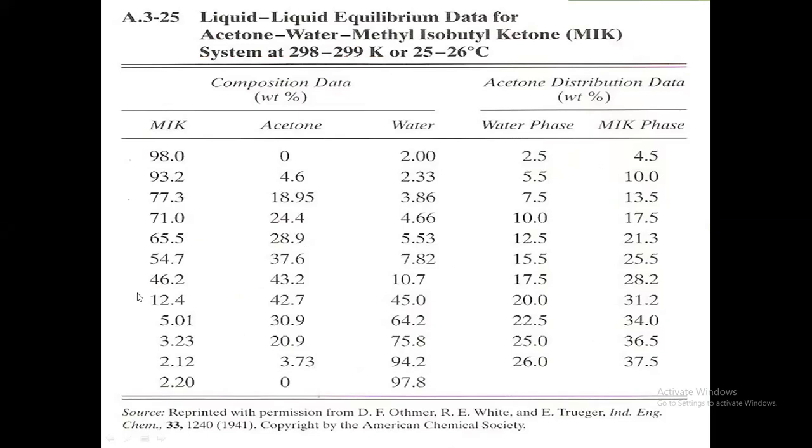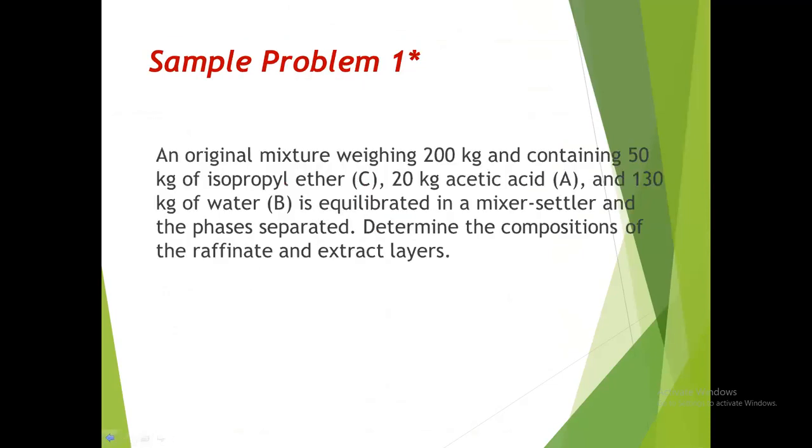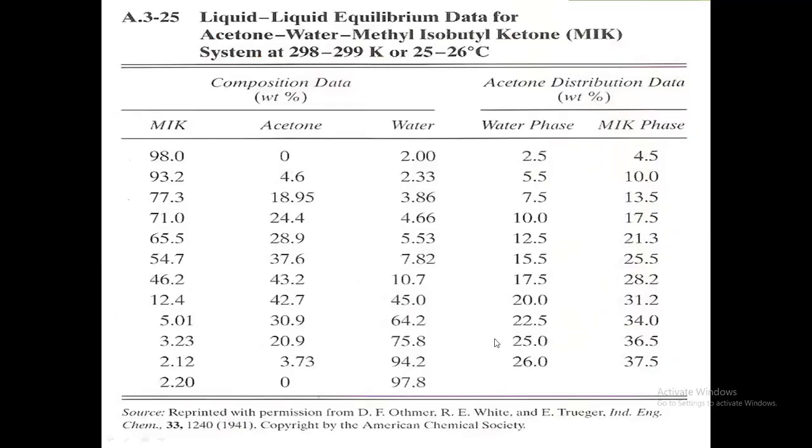In the first set, you will only use the MIK and the acetone concentration, which will be plotted in here. So this is for the acetone and this is for the MIK, short for methyl isobutyl ketone. As for the second set of columns here, you have the concentration of the acetone in the water phase and in your solvent phase, which is your MIK phase.